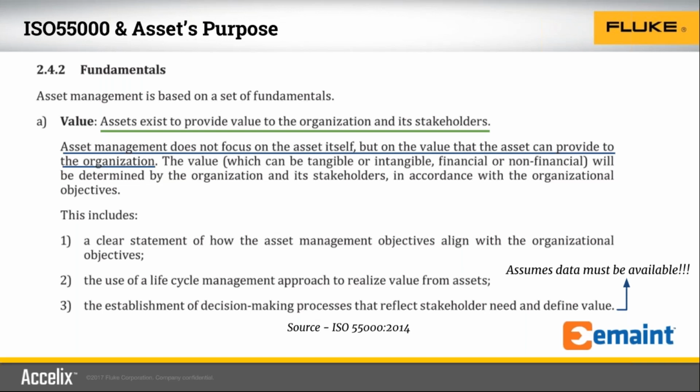Now, it also includes the establishment of decision-making processes, there on the bottom, that reflect stakeholder need and define value. This assumes that data must be available. So it's a very important part of where the CMMS ties into an asset management system or risk-based approach.